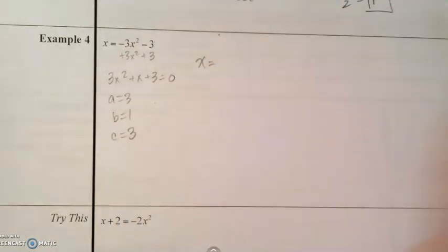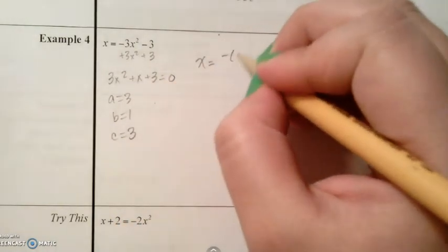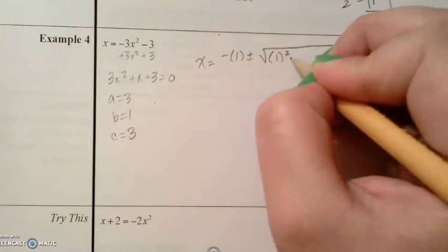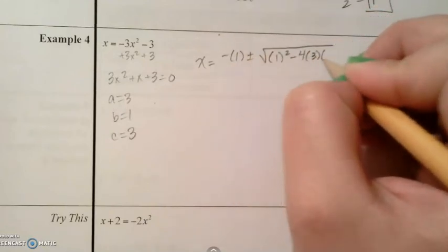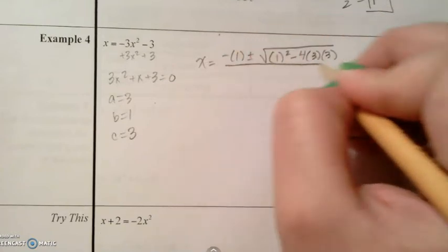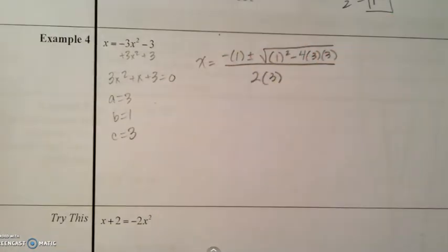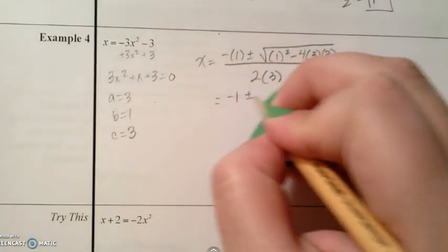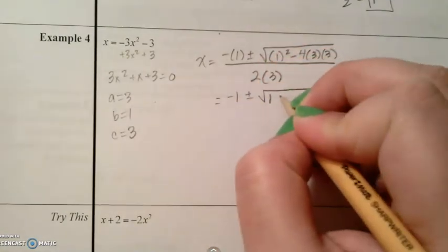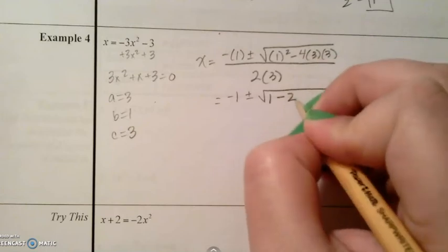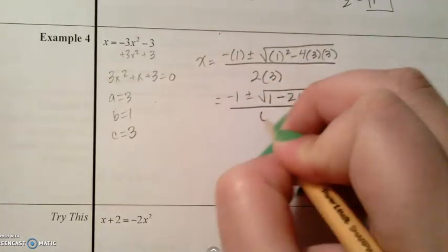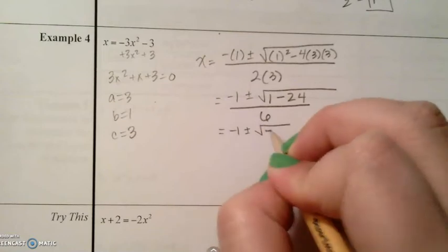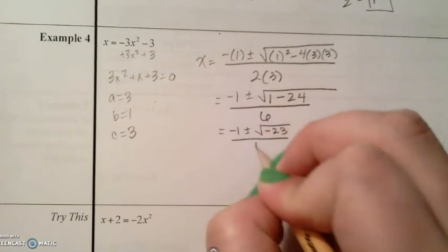Into the quadratic formula, x is equal to negative b plus or minus the square root of b squared minus 4ac all over 2a. Again, substituting into parentheses. So we have negative 1 plus or minus the square root of 1 minus 6 times 4 is 24 divided by 6, which gives us negative 1 plus or minus the square root of negative 23 over 6.